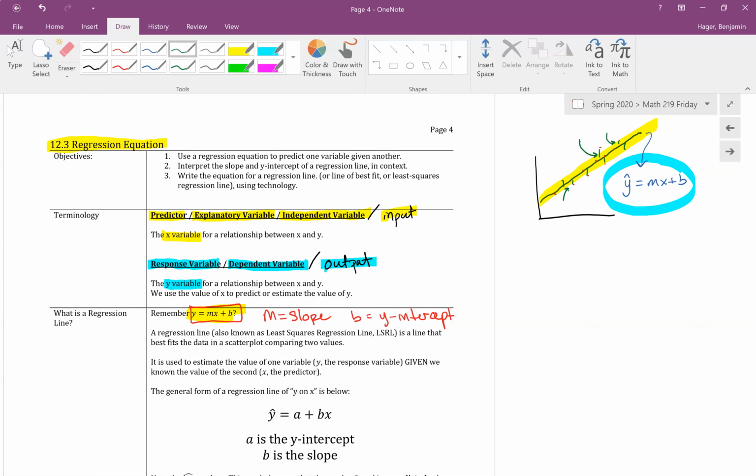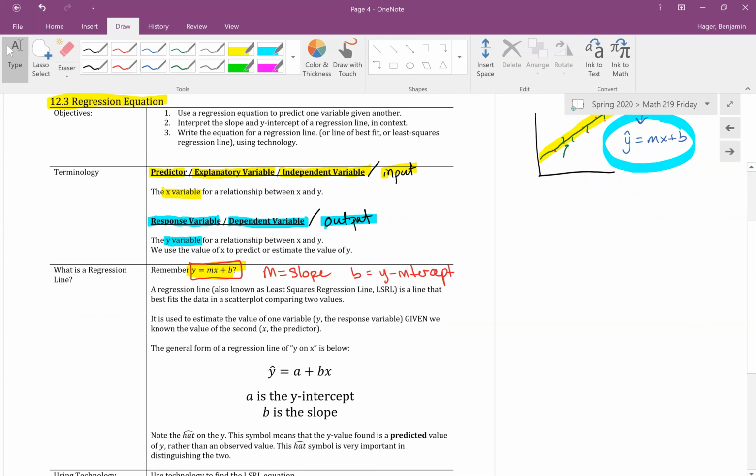So the computer is going to crunch the numbers and give us some values. They are going to tell us the slope and the y-intercept for this regression line, also known as the least squares regression line. Least squares because that's the method that's being used to generate the line.